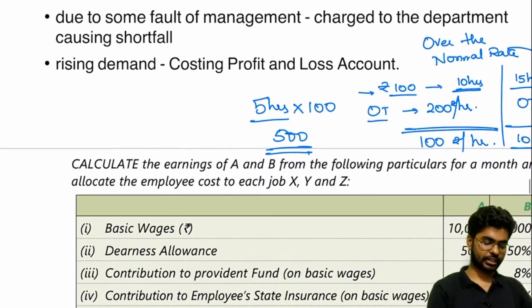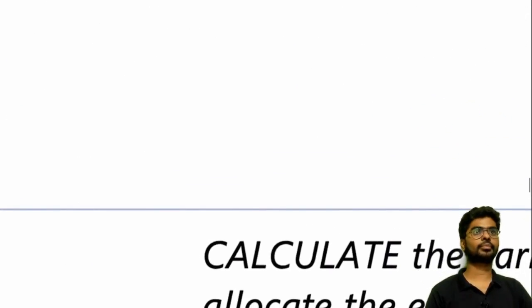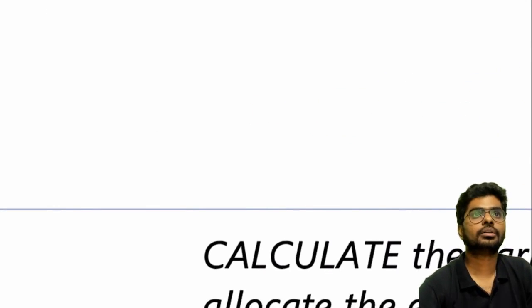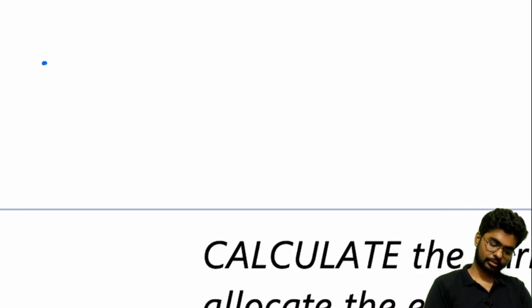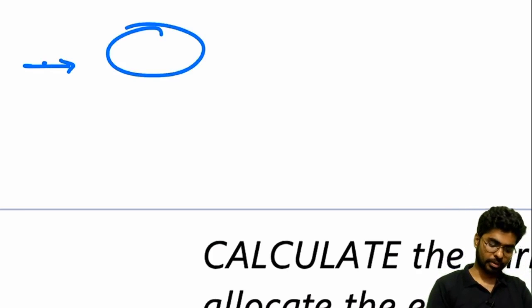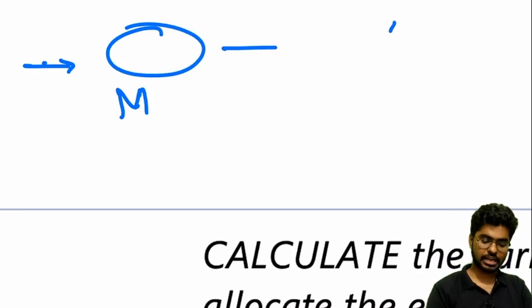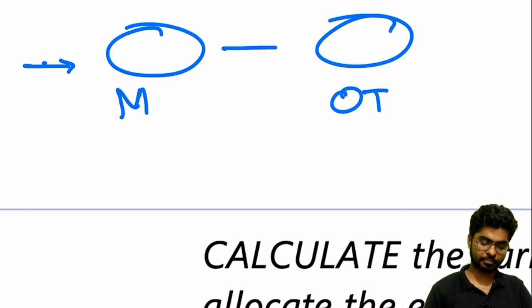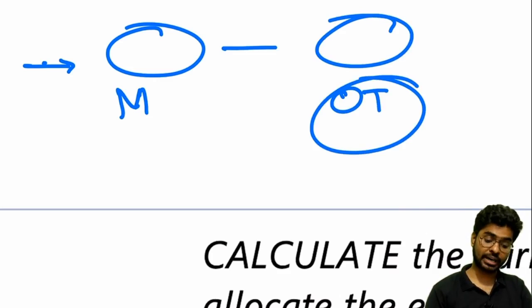Now see the third case. The machine is working fine. The customer gave the order on time, but I ended up getting too many customers.